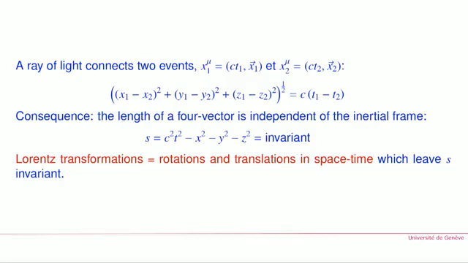The distance between these two points in space is always proportional to the propagation time of the light. Since the proportionality constant, the speed of light, is the same in every inertial frame, it follows that the norm s of a four-vector is also constant. Lorentz transformations describe the rotations and translations in space-time which are compatible with this principle.